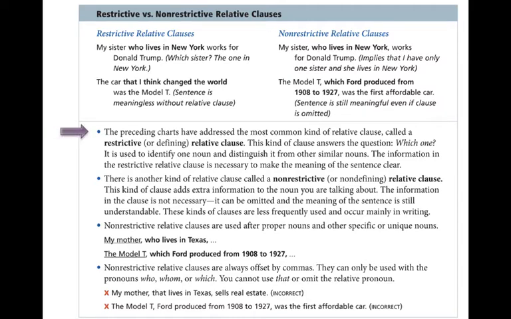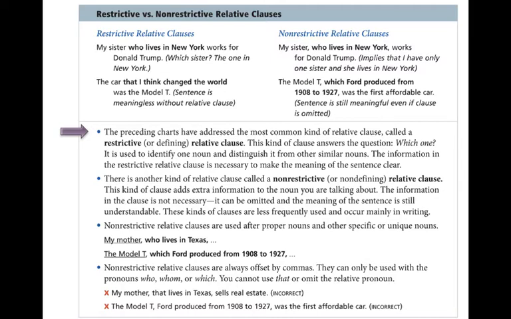So these preceding charts have addressed the most common kind of relative clause, called a restrictive or defining relative clause. This kind of clause answers the question, which one? It's used to identify one noun and distinguish it from other similar nouns.